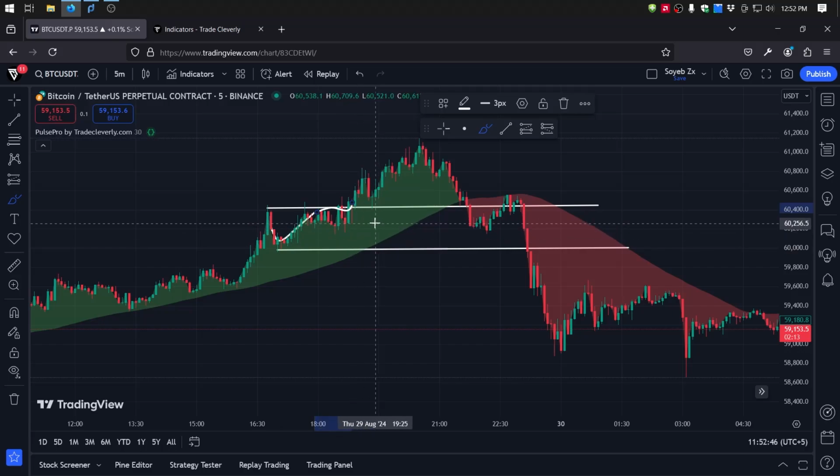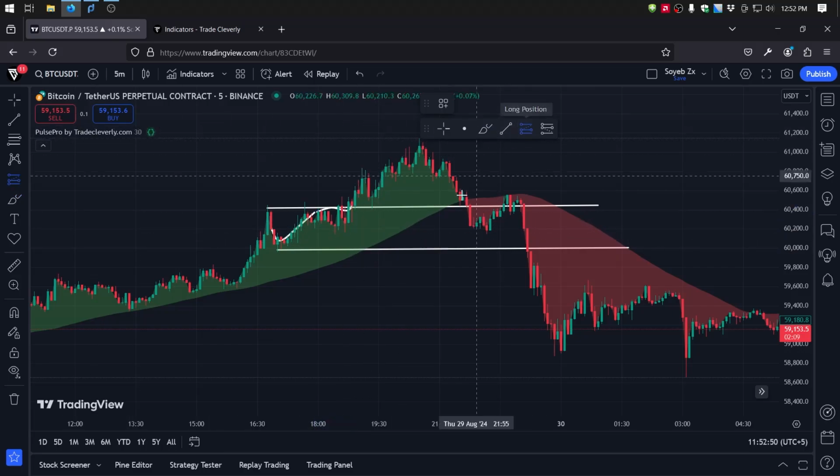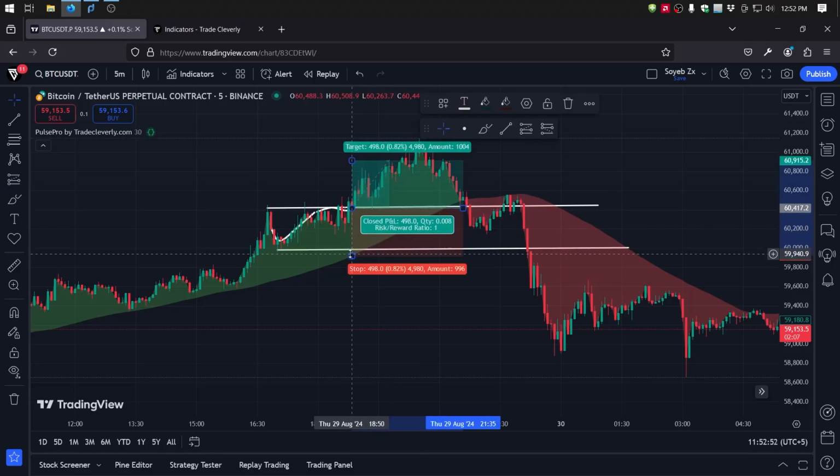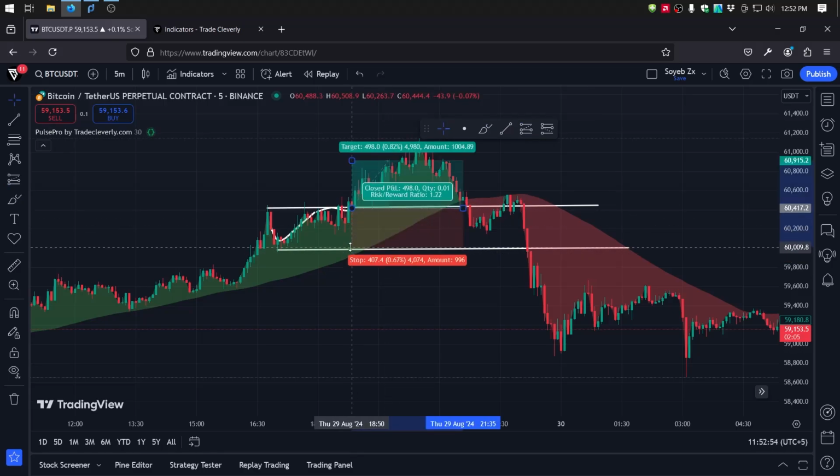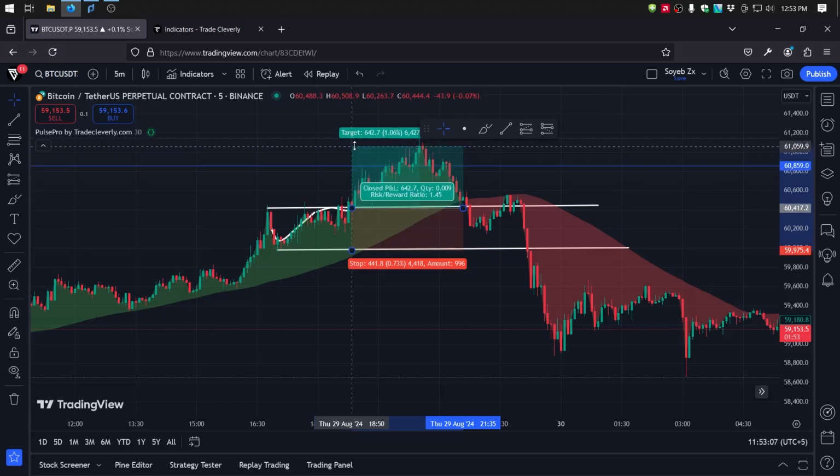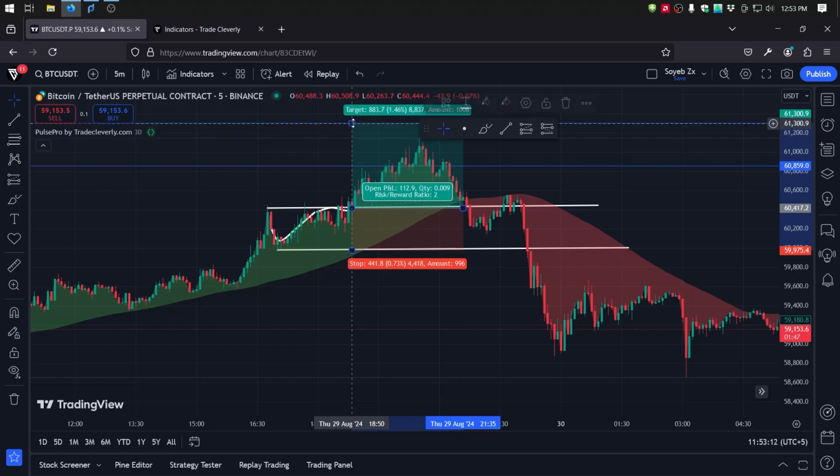We received the signal from the Pulse Pro indicator, so I simply take a long position here, and the stop loss is below the recent swing low, and the first profit target will be 1 times the stop loss, and the second profit target will be 2 times the stop loss.